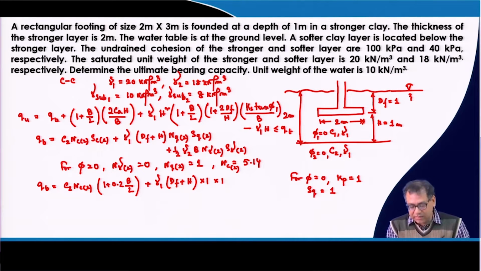Another thing you can ask is why the depth effect is not considered. The depth effect is already taken care of during the derivation. The original equations were developed basically for the surface footing, so depth corrections are required there, but here it is not a surface footing, it is with depth Df, and we have done the derivation and the depth effect is taken.